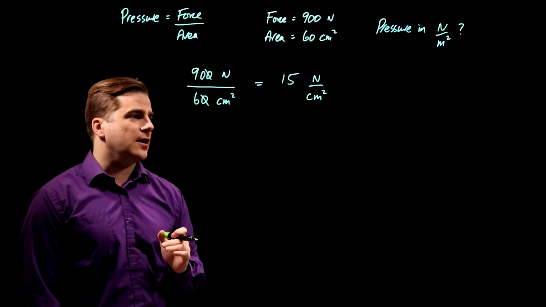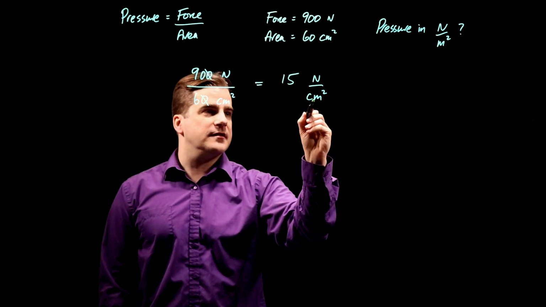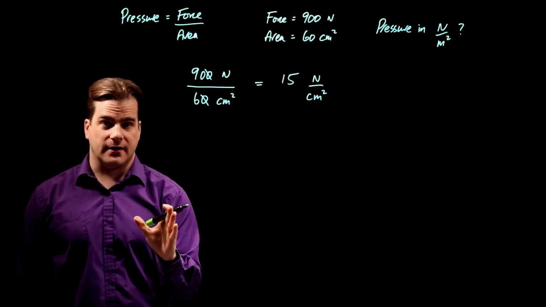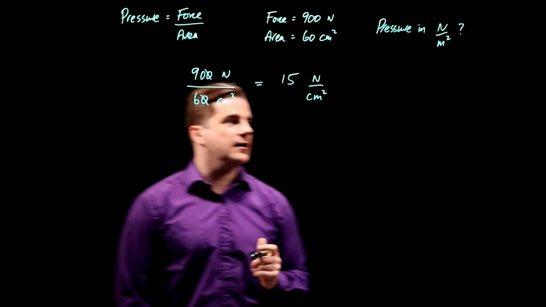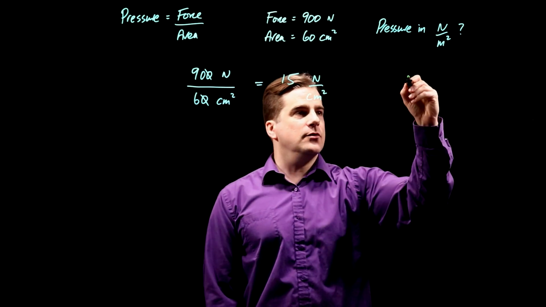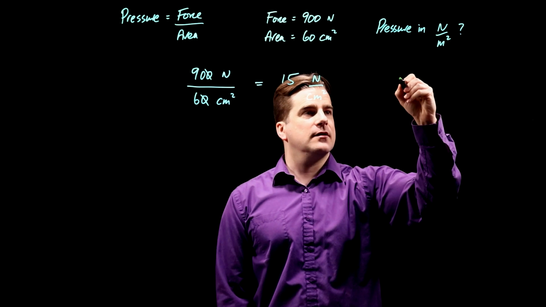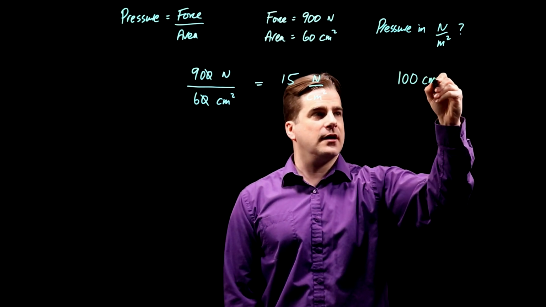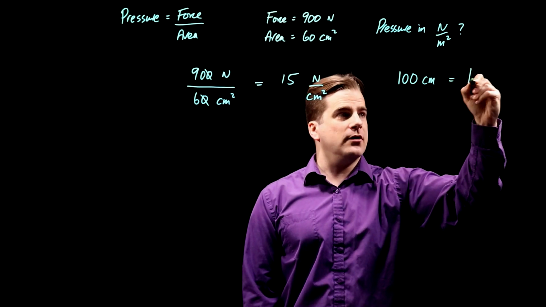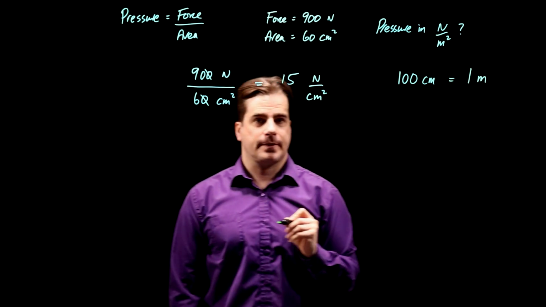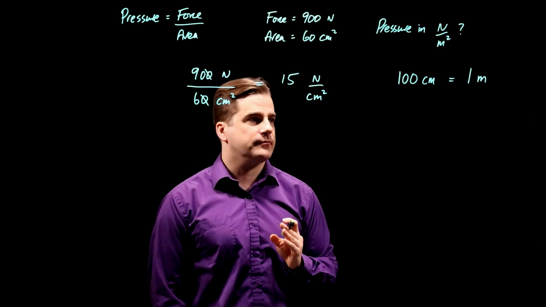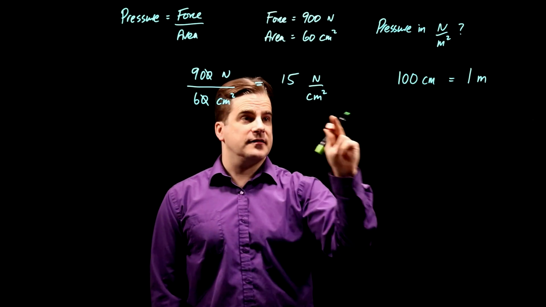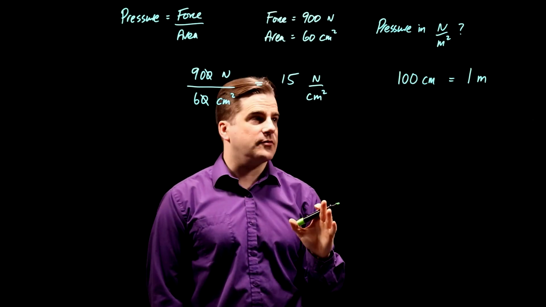So, how do we go from newtons per centimetre squared to newtons per metre squared? Do it like this. Go off to the side and write this down. You know that 100 centimetres is 1 metre. Right? So write that down. Now, square both sides to turn it into cm squared and meters squared.